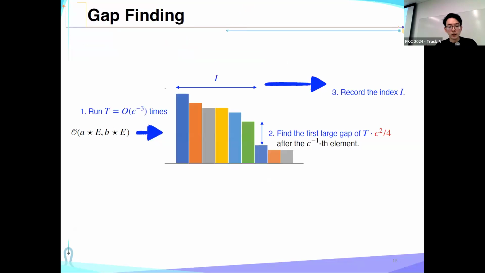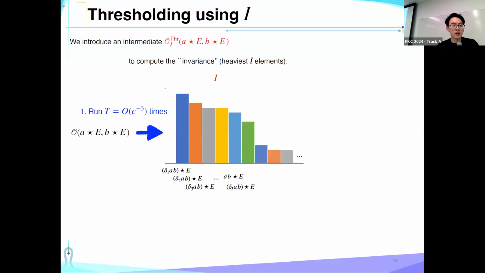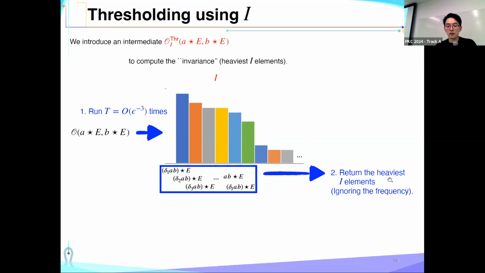So we find this index I, and then we define the thresholding algorithm to compute the invariant. We run the oracle on any input epsilon to the -4 times, and then we just return the heaviest I elements, the elements that appear the most frequently. This will be the invariant of this distribution.